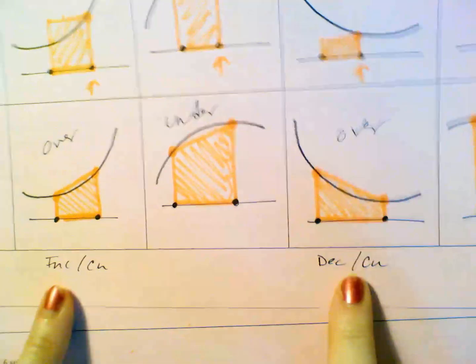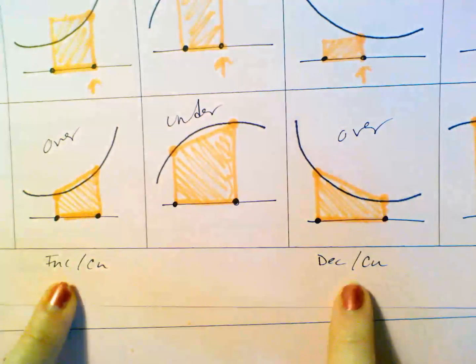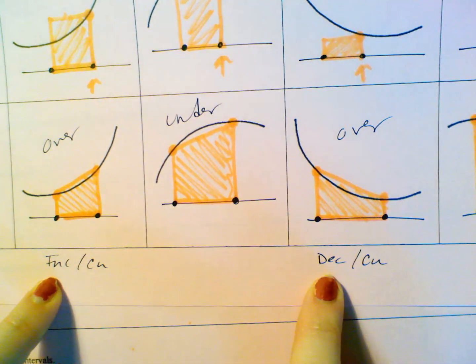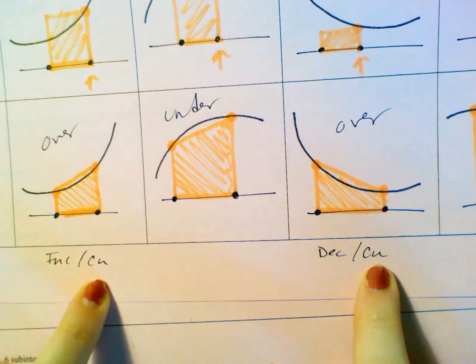So really, for the trapezoidal sum, if we have an over approximation, it's not increasing or decreasing that matters. Here's an increasing case, here's a decreasing case, and they're both over approximations. So it's not increasing or decreasing that determines if a trapezoid gives us an over approximation. It's the concavity. What these have in common is that they're both concave up.